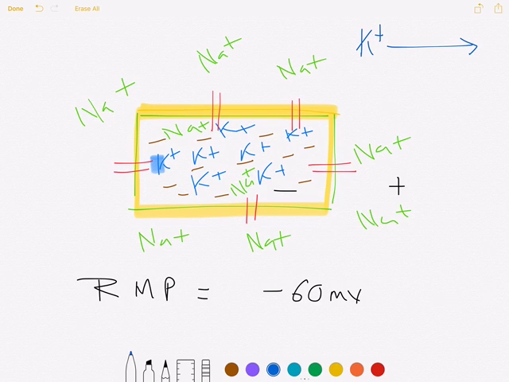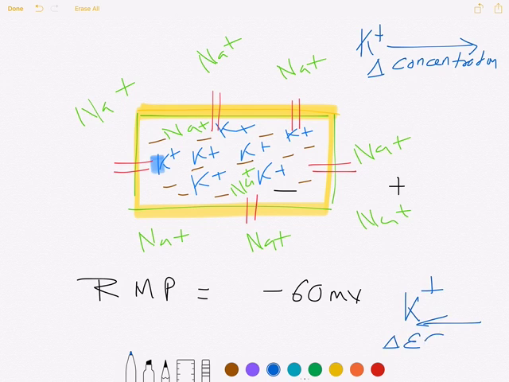So potassium tries to move outside the cell by virtue of its concentration gradient. However, these negatively charged big protein molecules tend to keep potassium inside because of something called the electrochemical gradient.